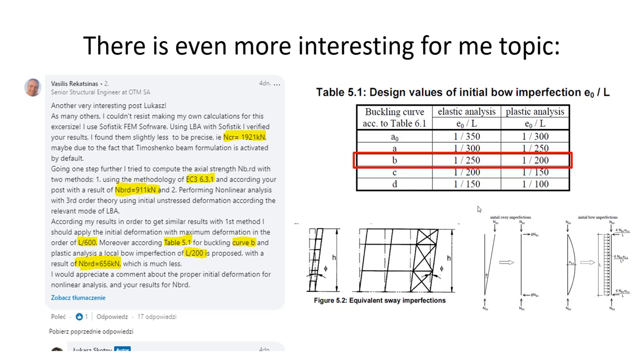I don't know why it was implemented like that. Probably there hasn't been a better method for engineers to get just the very first estimation of the level of utilization. Most engineers know the imperfection method from that table and that equivalent sway imperfection and bow imperfection.